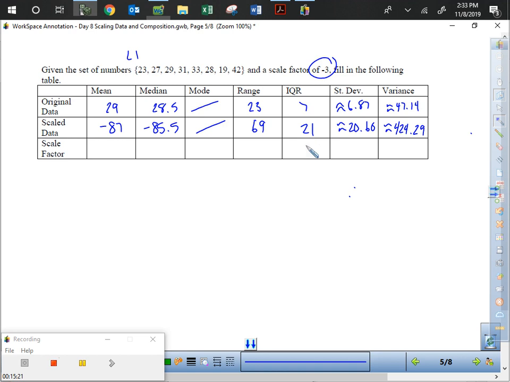So when we go through here, the first one, it really is multiplying by negative 3. Same thing with the next one. But here, it's not a negative 3, we're actually just multiplying by 3. Same thing with the IQR, same thing with standard deviation.